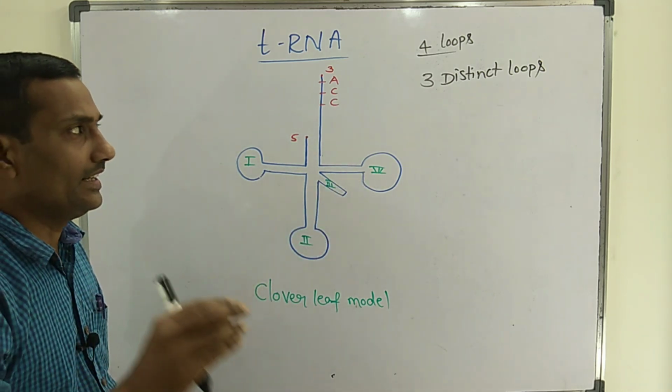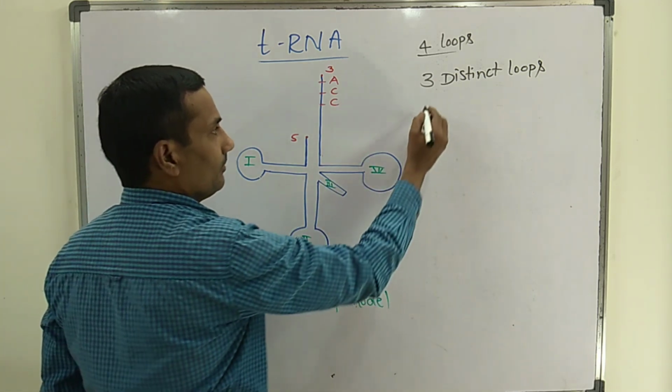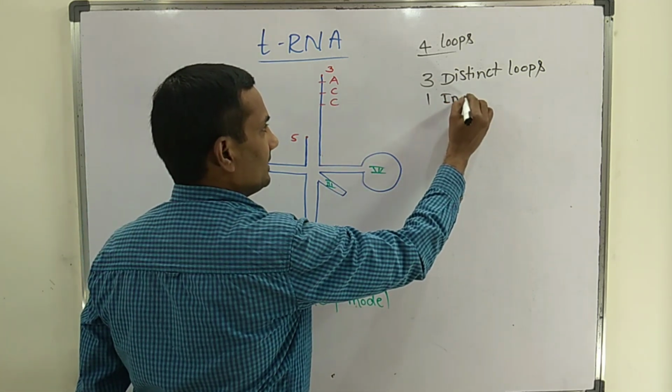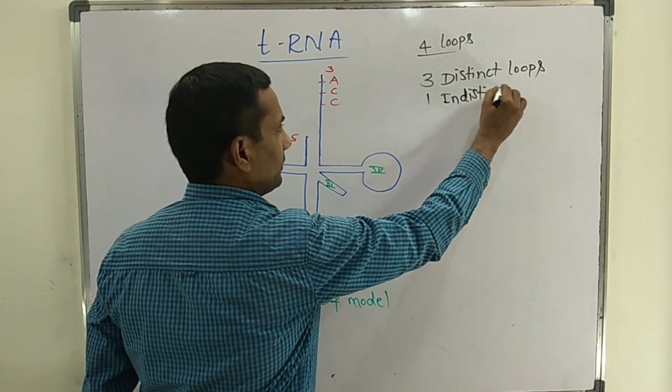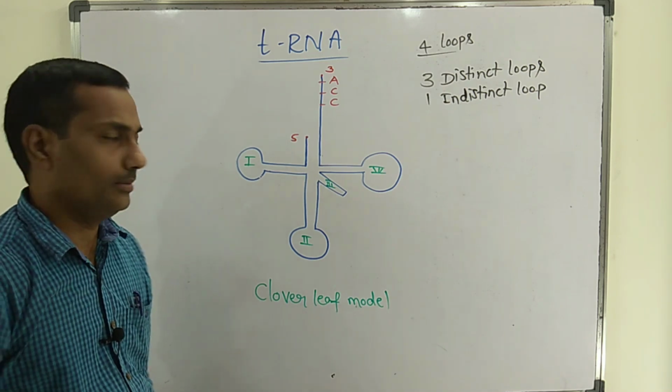Of these, three loops, the first, second and fourth, are distinct loops: well-developed and clearly visible. One loop is indistinct, that is the accessory arm or extra arm.